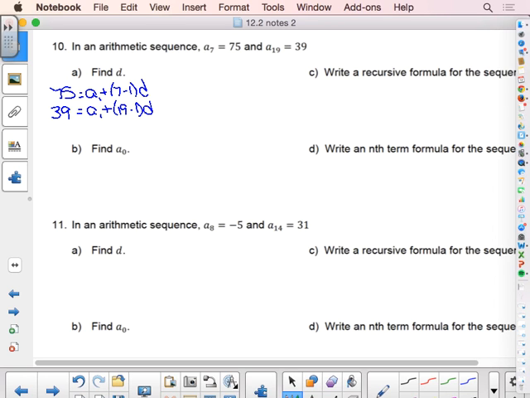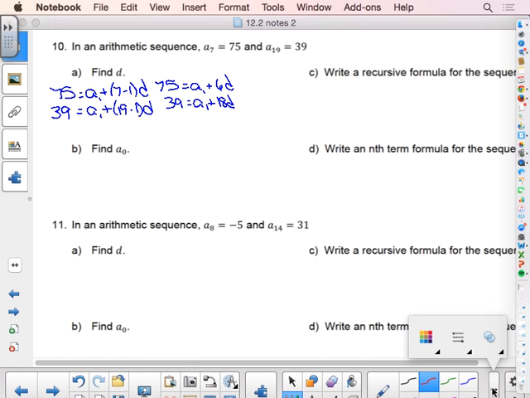I get a system then that looks like 75 is equal to a sub 1 plus 6d. 39 is equal to a sub 1 plus, let's see, 18d.